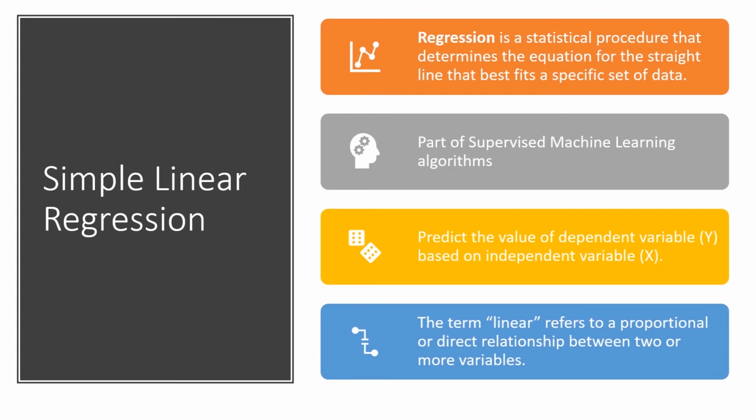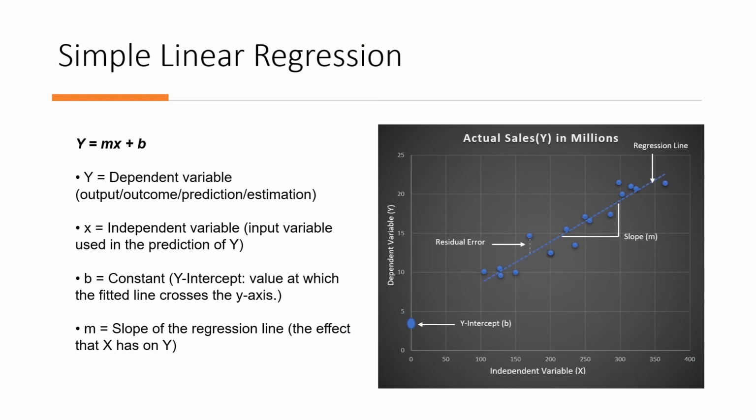The term linear refers to a proportional or a direct relationship between two or more variables. For example, if the value of x goes up, then we'll see a change in the value of y. Linear regression performs the task of predicting a dependent variable value, y, based on a given independent variable, x.